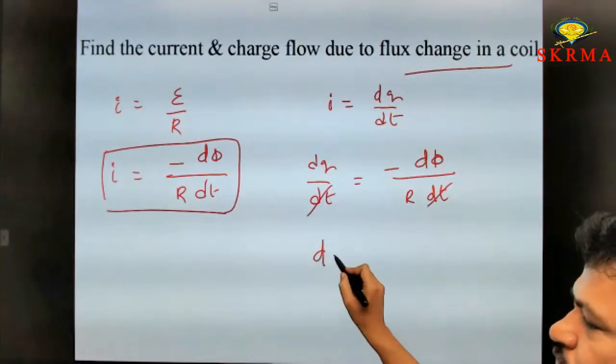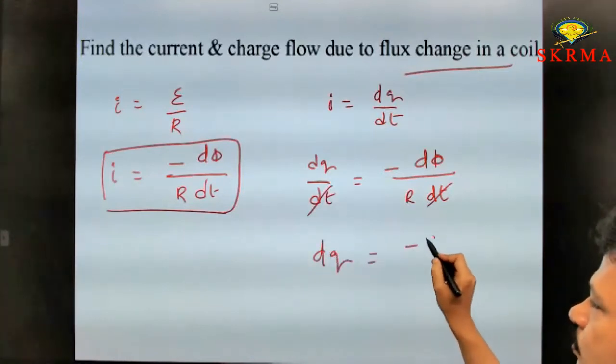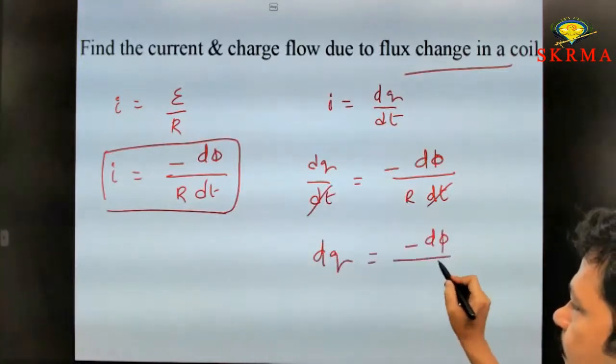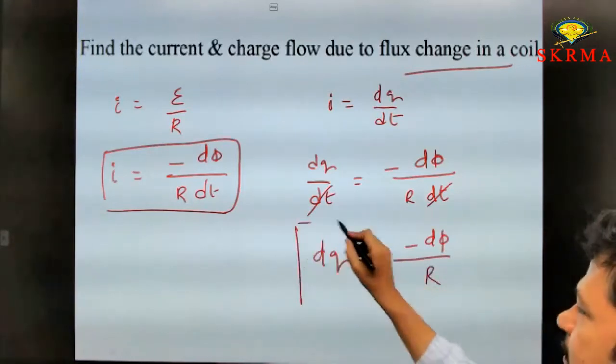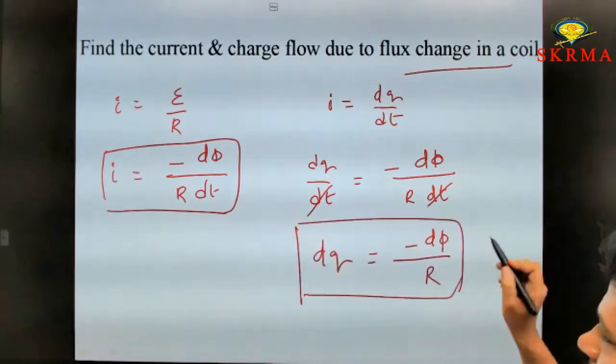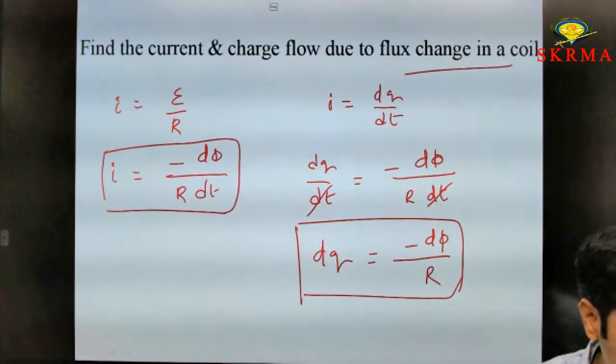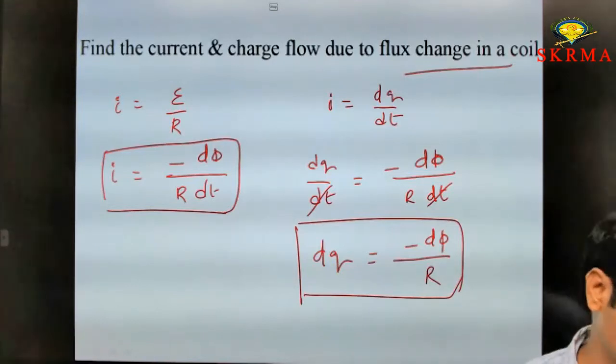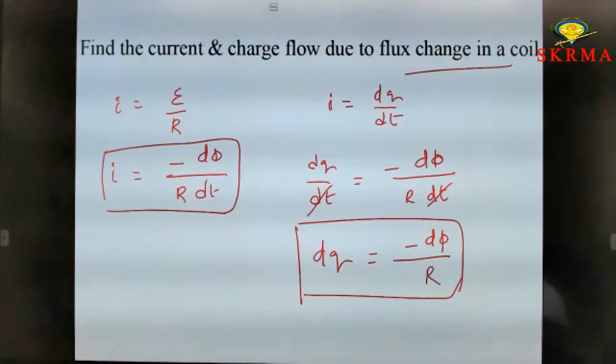Then what is the equation for charge? dq is equal to minus d phi by R. If you remember this one, the charge q is independent of time. That is a very important thing. The q is independent of time.